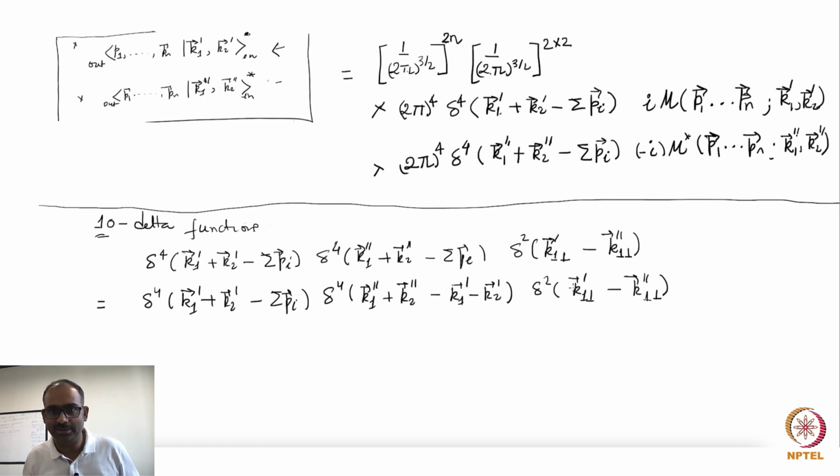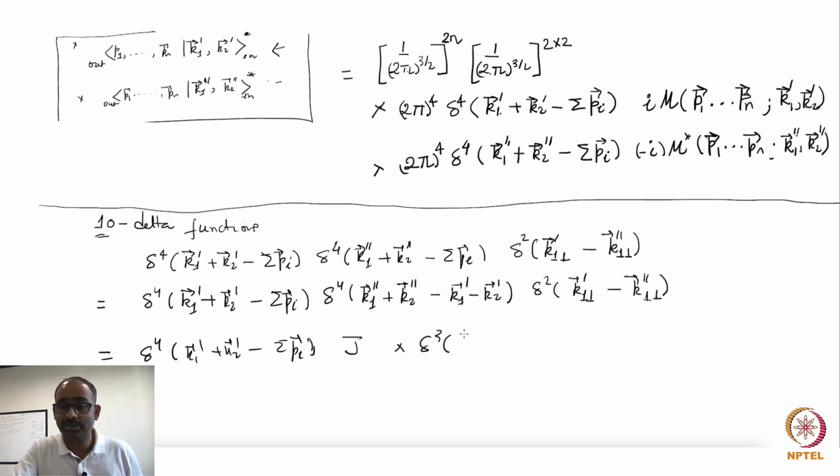6 of these we have manipulated and turned them into, apart from a Jacobian, maybe I can write here, delta 4 k1 prime plus k2 prime minus summation over pi times this Jacobian, which I have written, times this delta cube of k1 double prime minus k1 prime times delta cube of k2 double prime minus k2 prime.